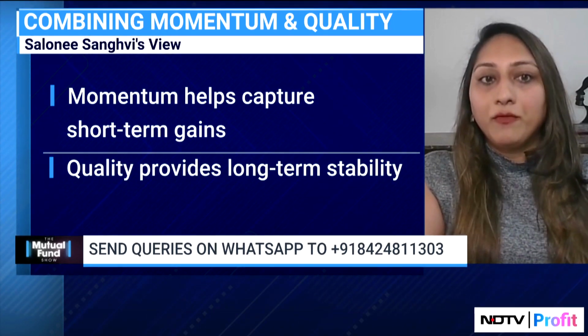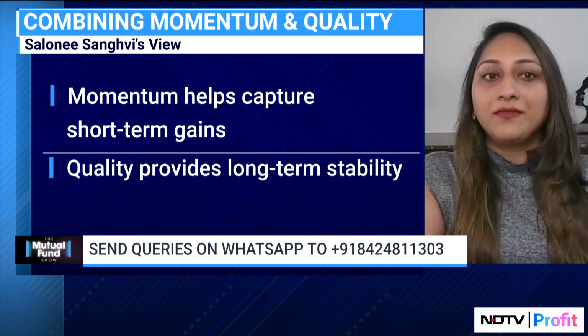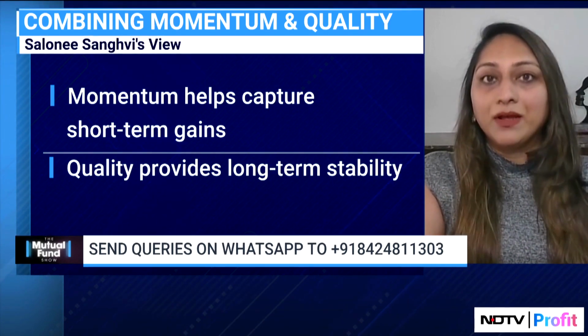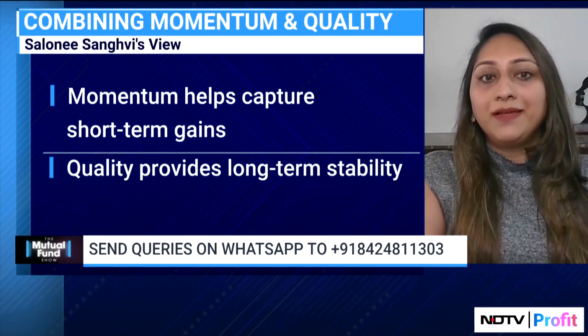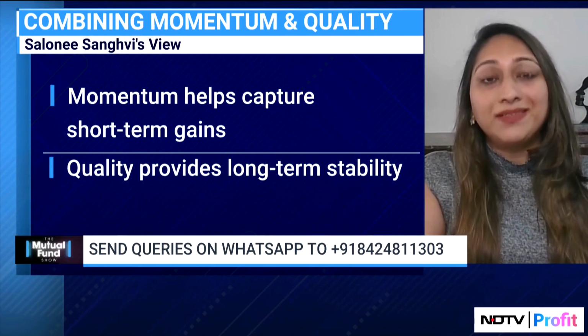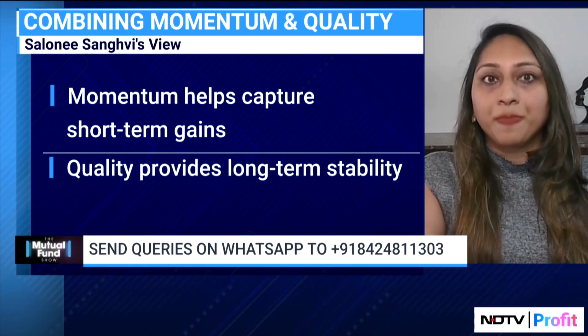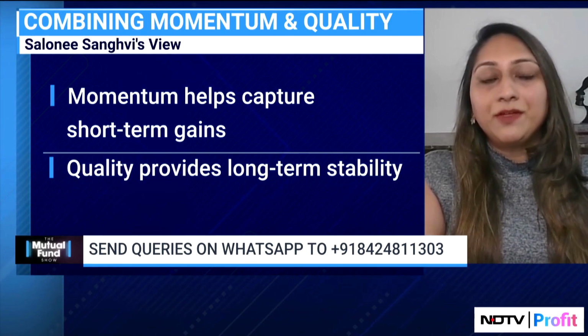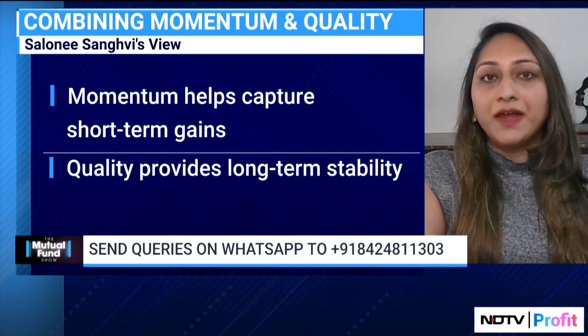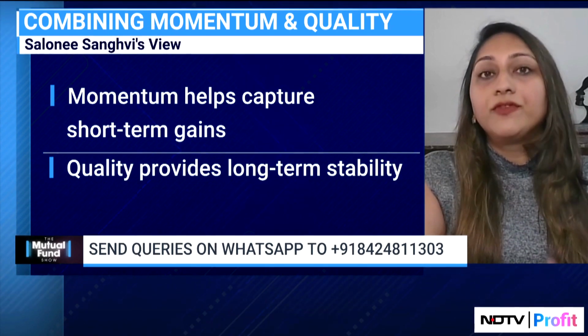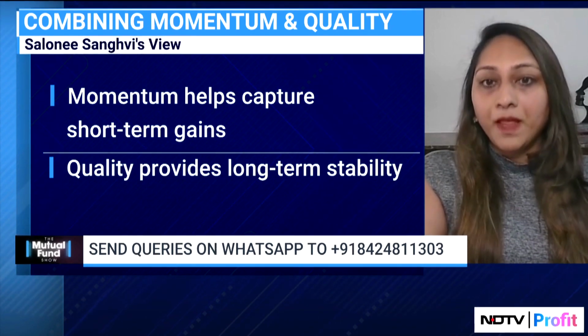On the other hand, you have quality, which essentially involves investing in profitable, stable companies with strong balance sheets. And high quality companies are actually stable, especially during bear markets. So momentum helps you capture the short-term gain, whereas quality gives you long-term stability.